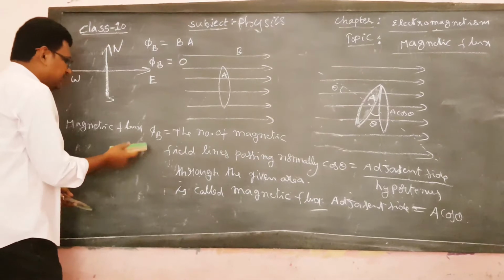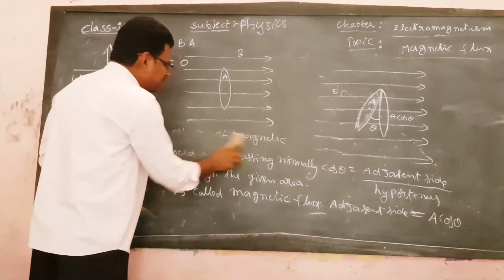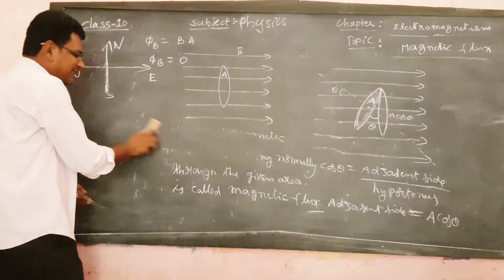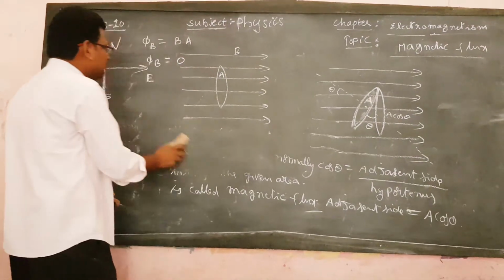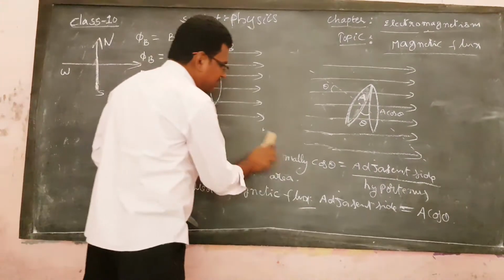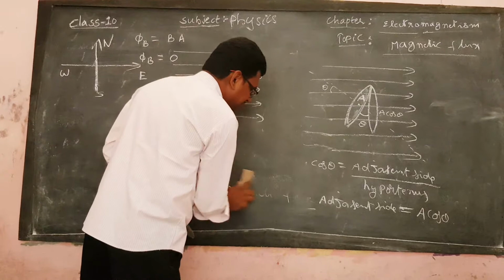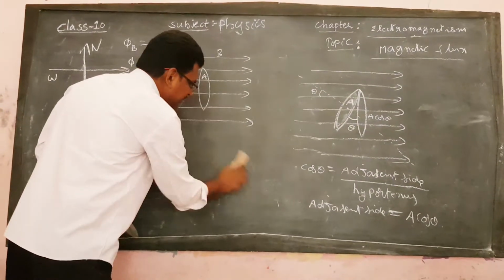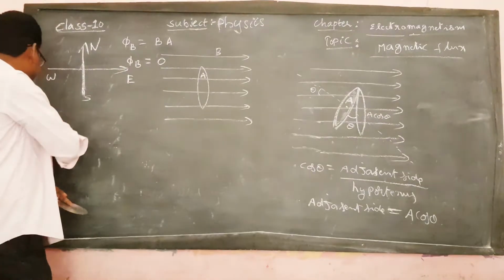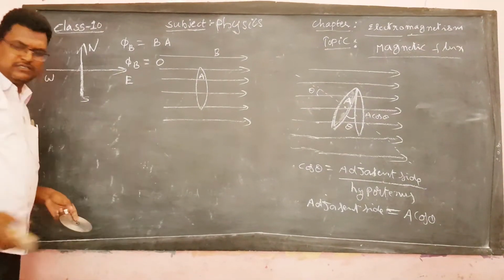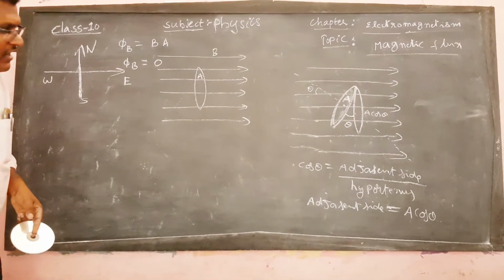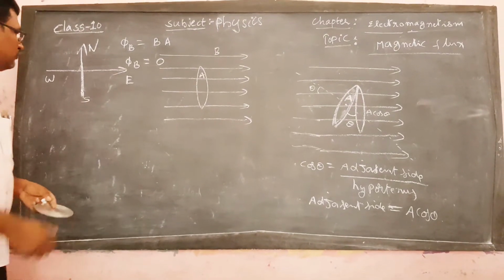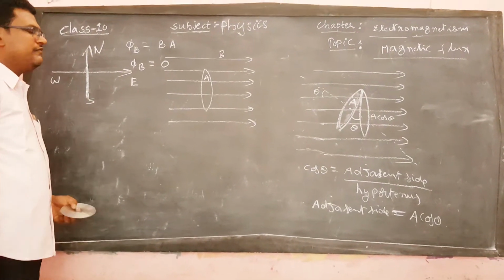Now let's see the general formula we use for the magnetic flux. Phi B is equal to BA is for one case, phi B is equal to 0 is for another case. Suppose there is an angle theta between the magnetic field and the surface area, other than 90 and 0, then what is the magnetic flux?